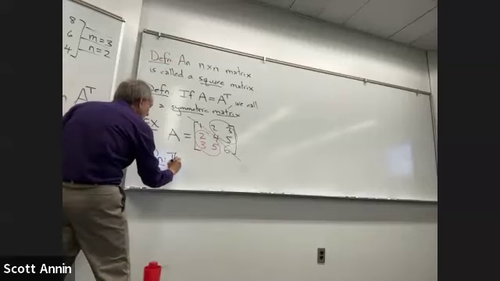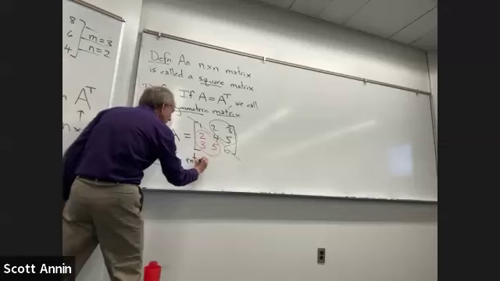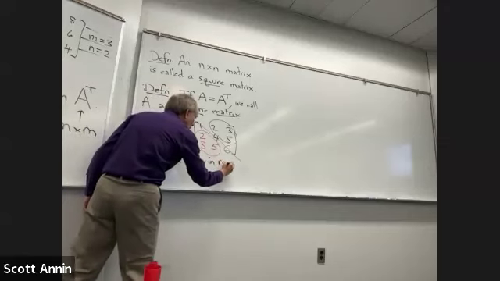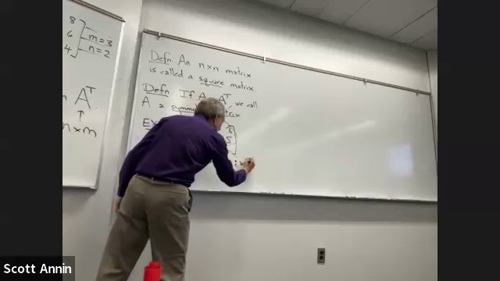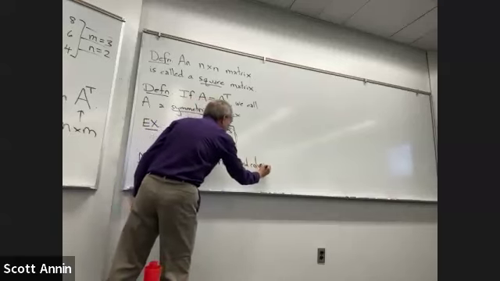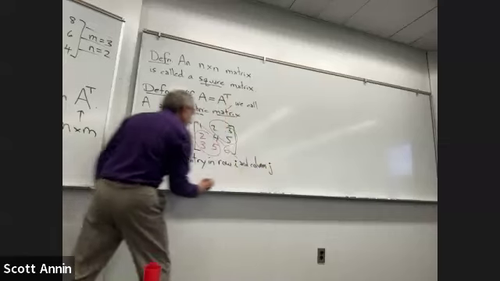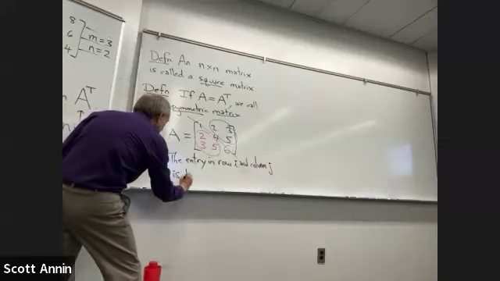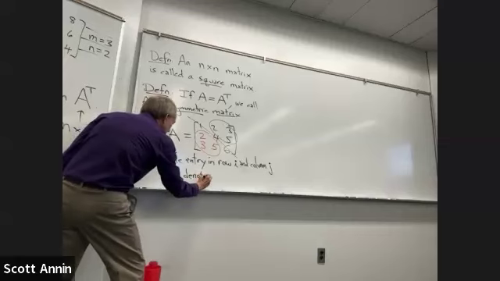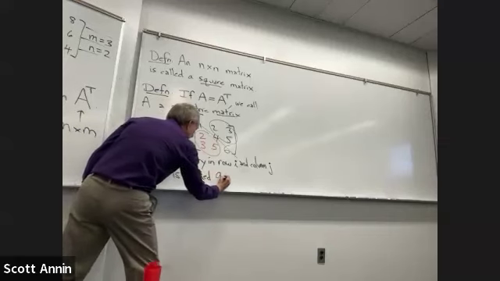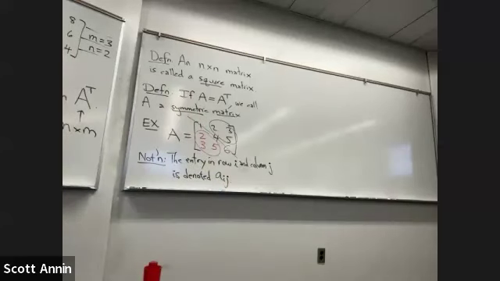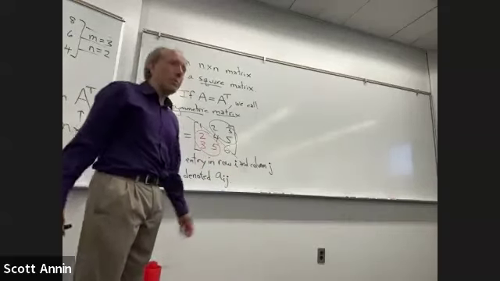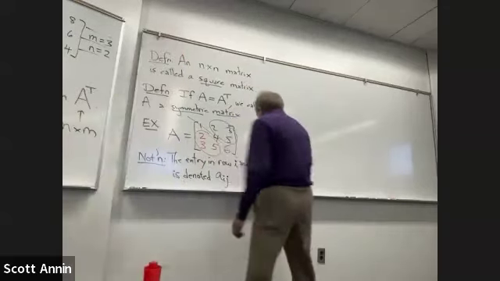I'll say that the entry in row I and column J is denoted A sub ij. So little a sub ij. You'll see this kind of notation when you're working with matrices.